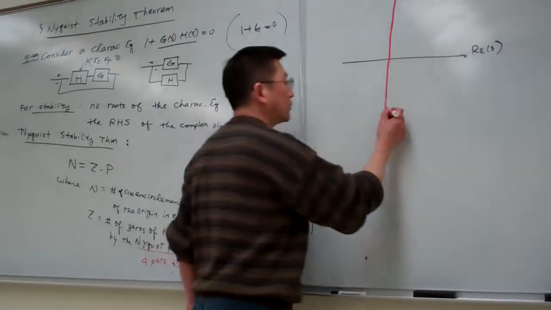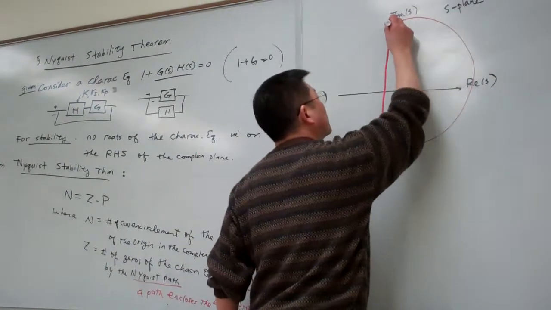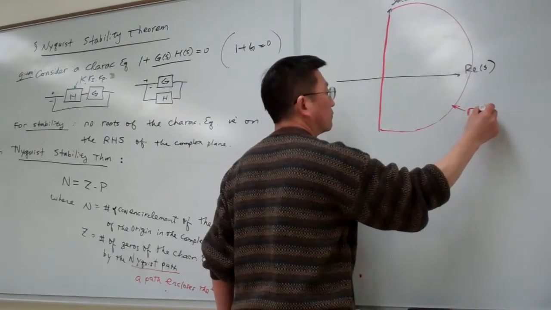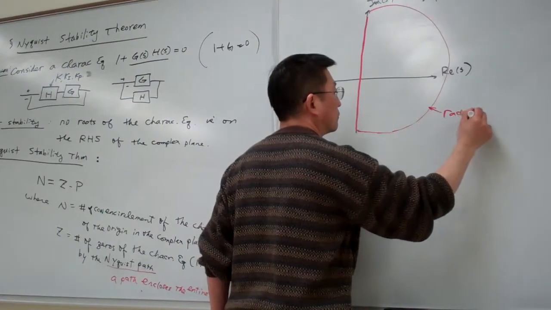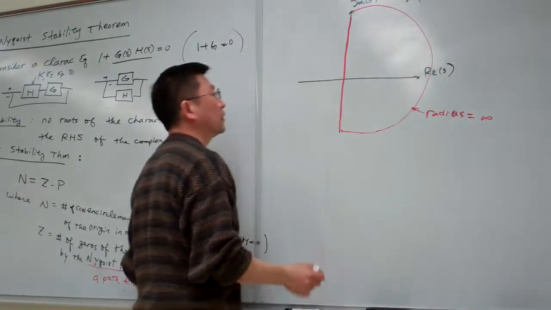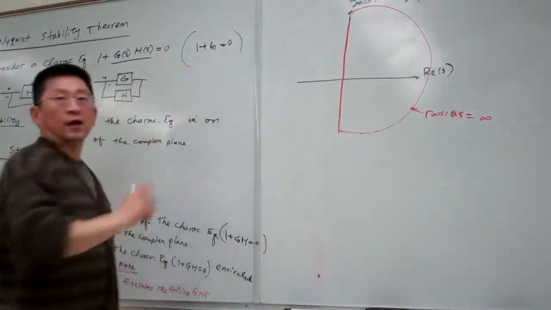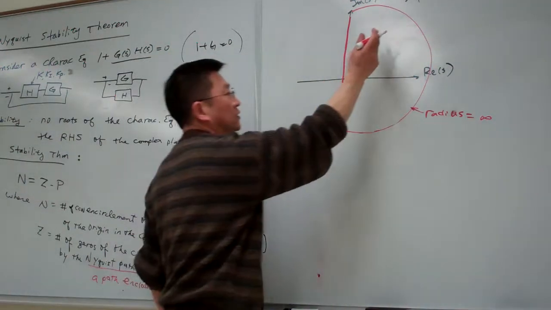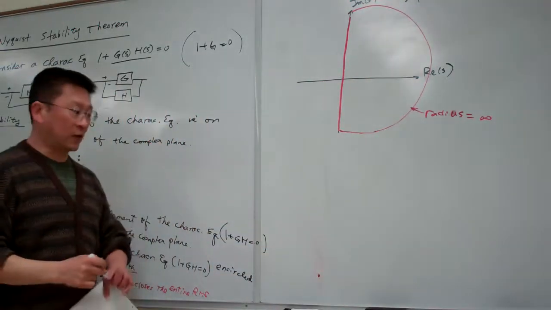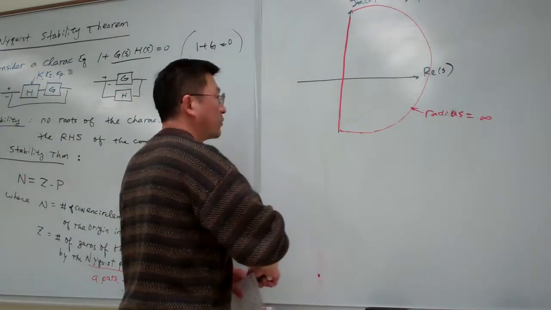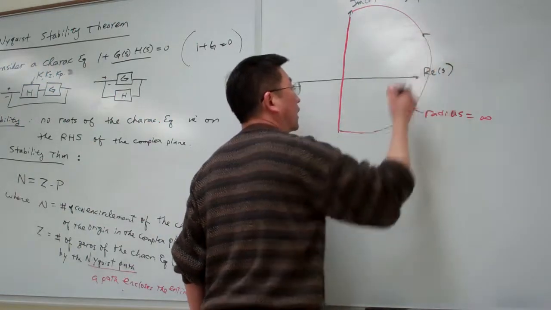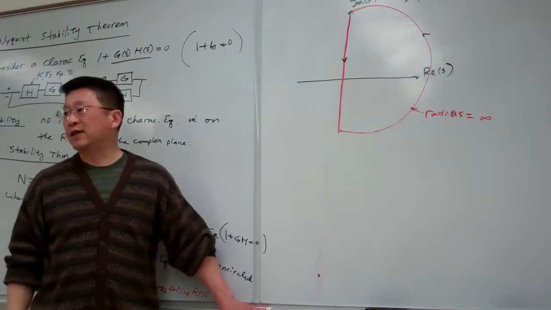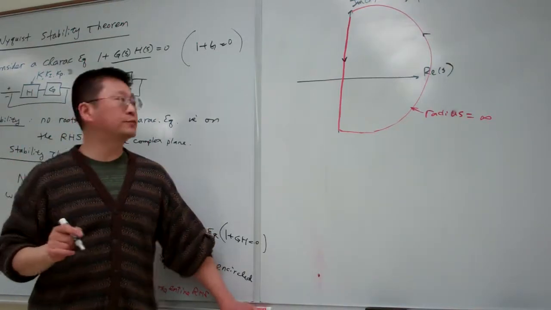So basically here we're using this one, so the radius equals infinity. Okay. It contains the imaginary axis. Basically the whole right-hand side has been encircled by this Nyquist path. And the Nyquist path, by definition, takes the counterclockwise direction. Okay, so that is our sign convention for this path.